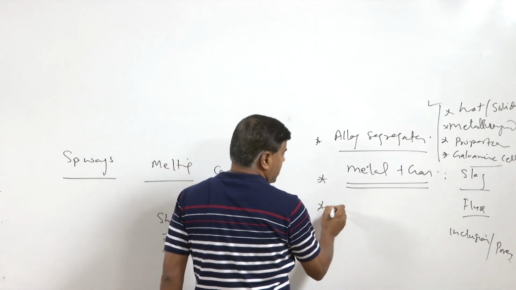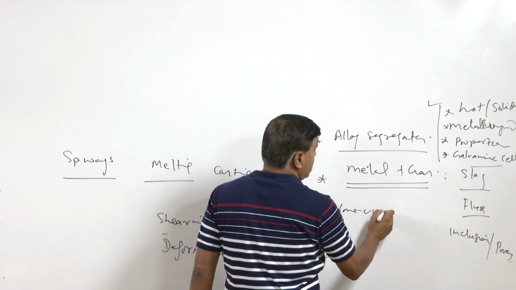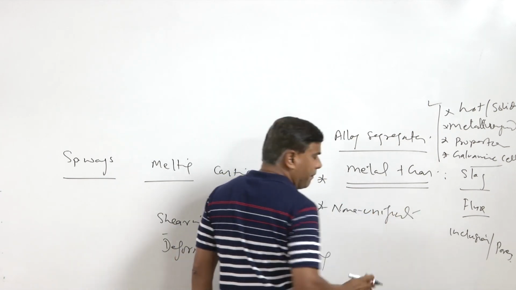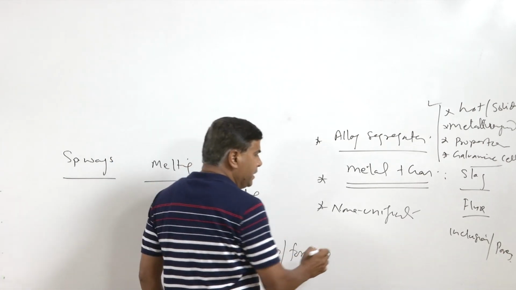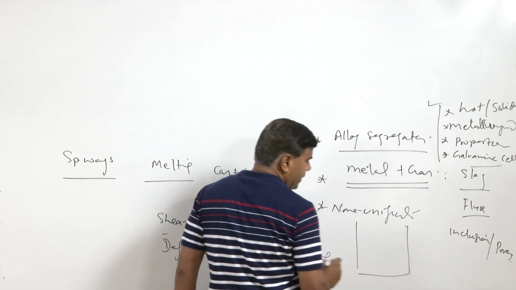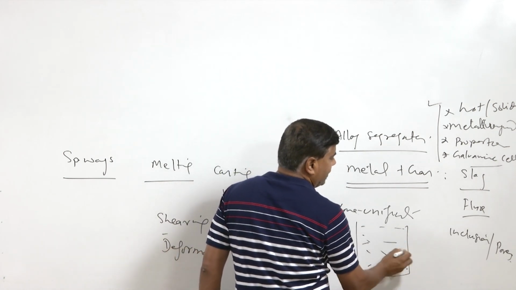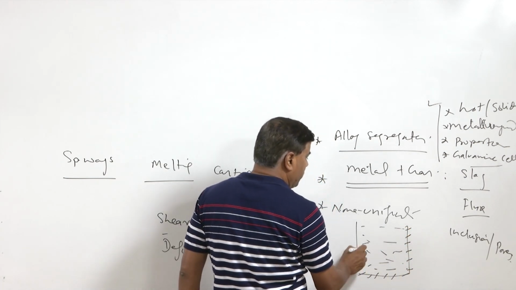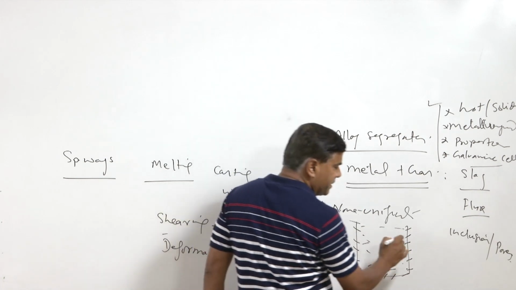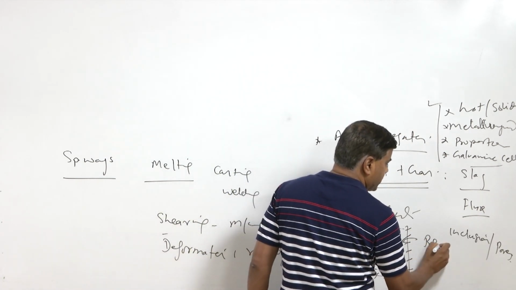Then in castings, we can have non-uniform cooling. At the surface, metal is cooled rapidly as compared to the inner portions. So, in the casting, if the molten metal comes in contact with the mold wall, it transfers the heat quickly. So, the surface layer experiences a higher cooling rate, and because of this a very refined grain structure is produced.